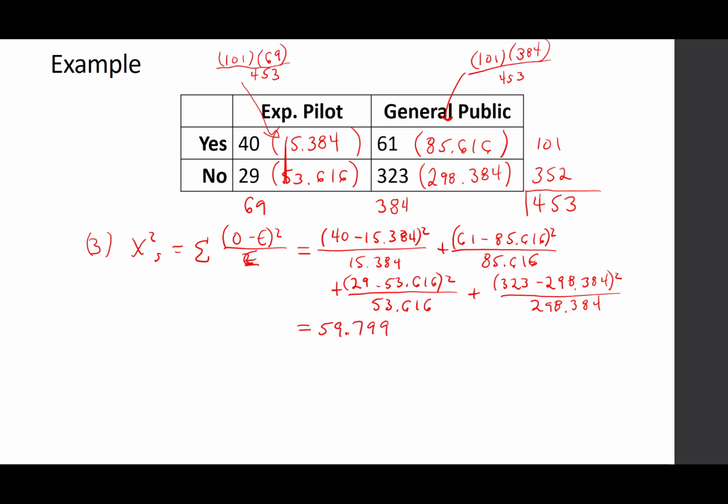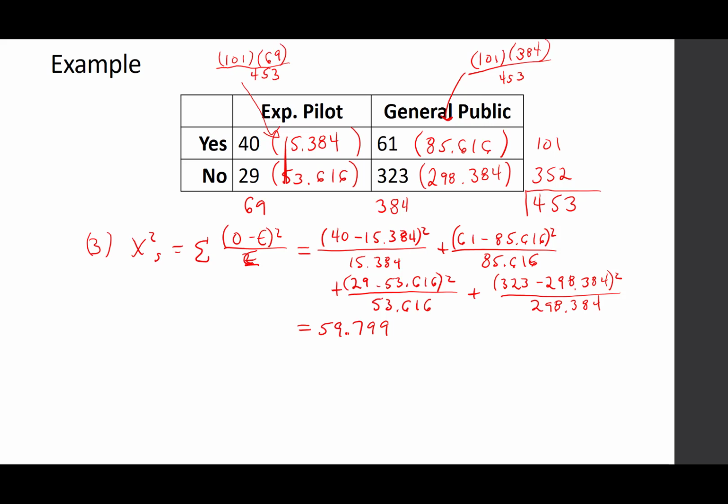Now, what were we expecting it to be if the null hypothesis were true? What are the degrees of freedom here? There are 2 columns and 2 rows, so 2 minus 1 is 1, and 2 minus 1 is 1, so 1 times 1 is 1. So we were expecting the chi-square test statistic to be 1 if the null hypothesis were true, and it's 60. So that's really, really high.